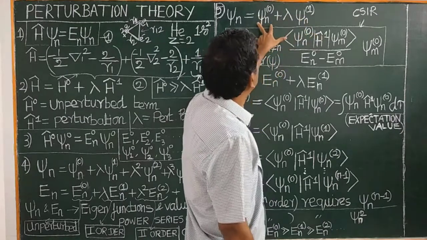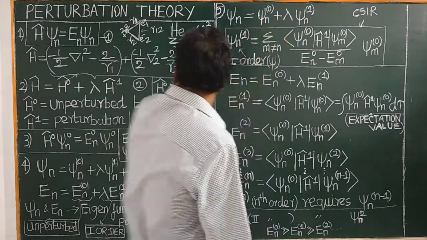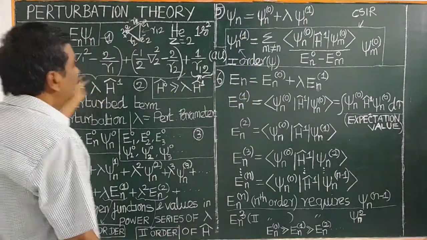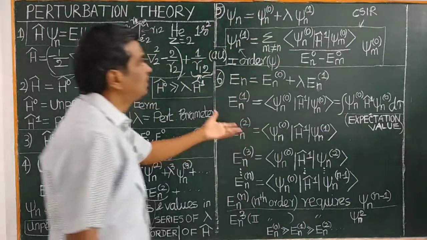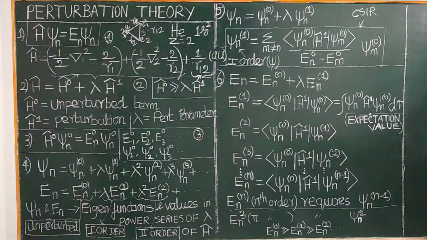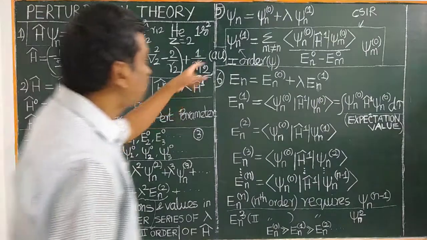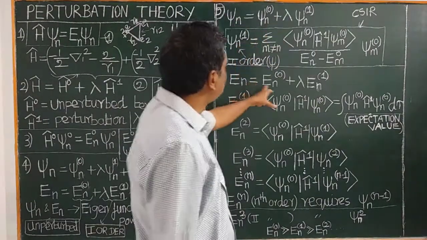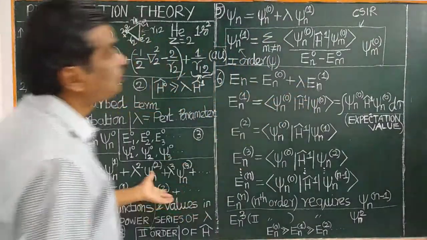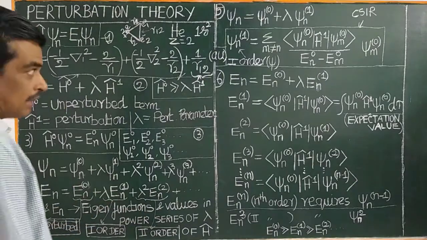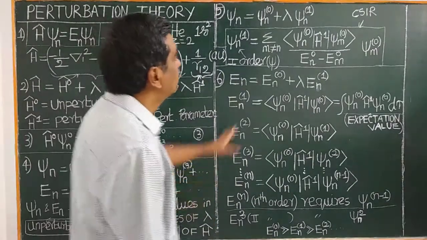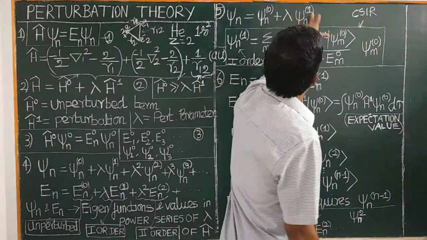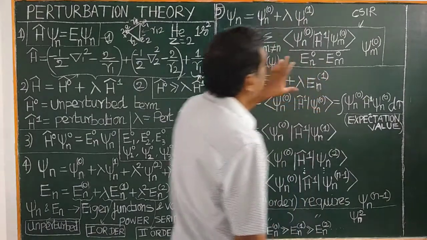This is the wave function of the unperturbed system. The unperturbed wave function and unperturbed energy are obtained from the hydrogen atom, which we have already solved. We need to worry only about the first order correction terms.